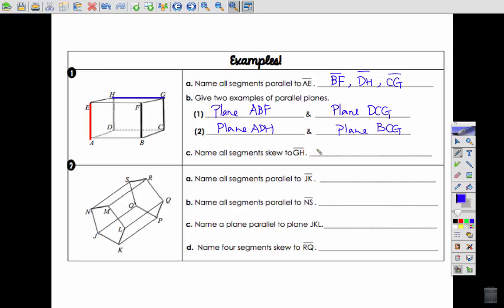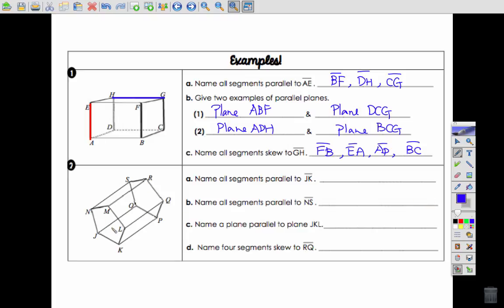And I would say it's FB and EA, AD, and the last one would be BC. So make sure that you pause this video and verify every single one of them that I pointed out is true. Okay.